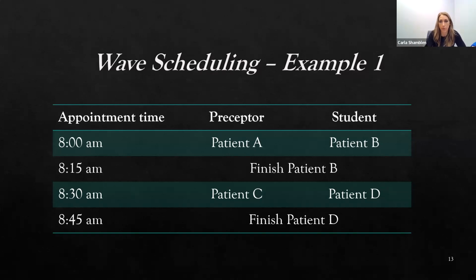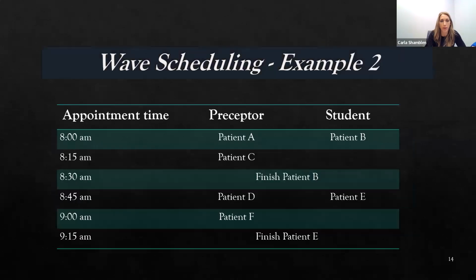That's the first example. There's another example of wave scheduling where maybe you just give the student a little bit more time. So this might work well for a student who's a little bit earlier in their rotation phase. Again, you double book your first appointment at 8 o'clock. So you see patient A while they're seeing patient B. And you actually give them about half an hour for patient B while you go and see a second patient yourself, or the third of the hour at 8:15.